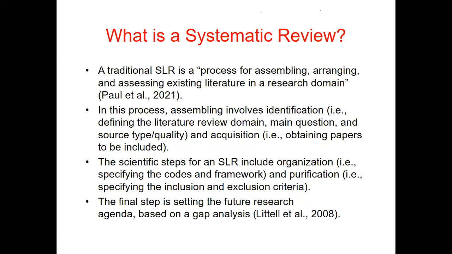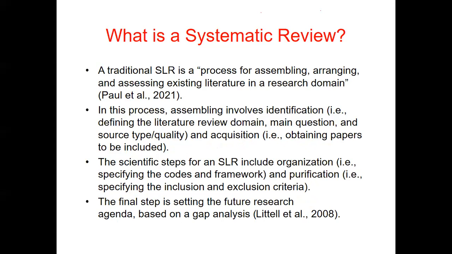Now, it might be very useful to give you some contrast. That is, a traditional systematic review is a process for assembling, arranging, and assessing existing literature in a research domain. We shall see what we mean by a research domain later.